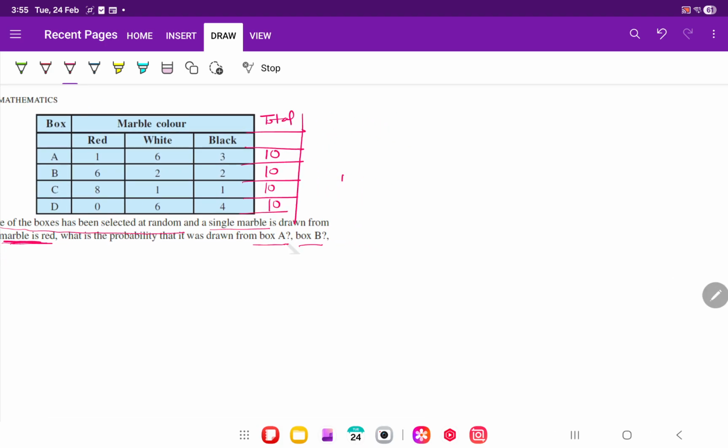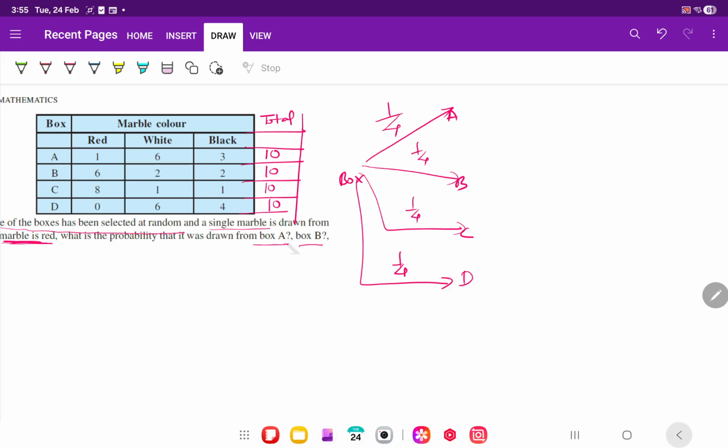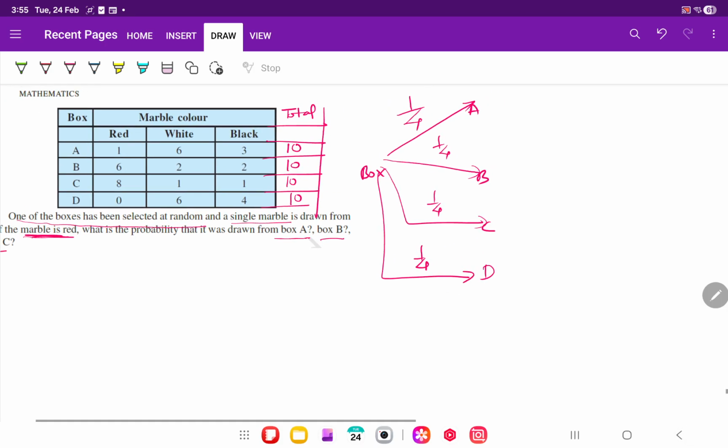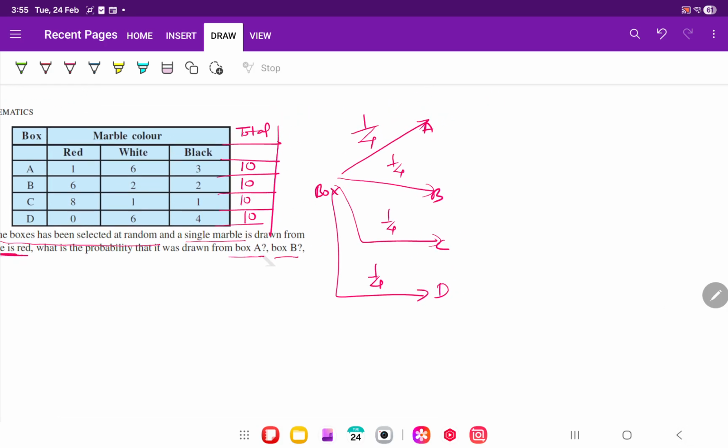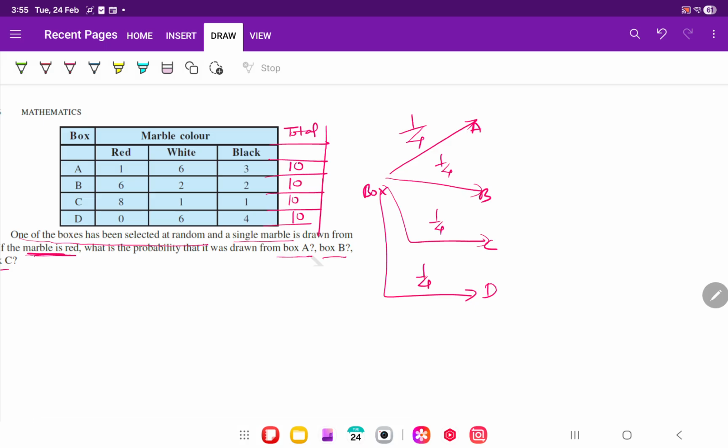So there are 4 boxes, correct? Box A, B, C and D. To select a box, probability is 1 by 4 each, right? Out of box A, there may be coming either red or not red, correct?